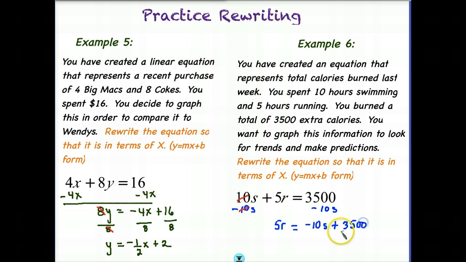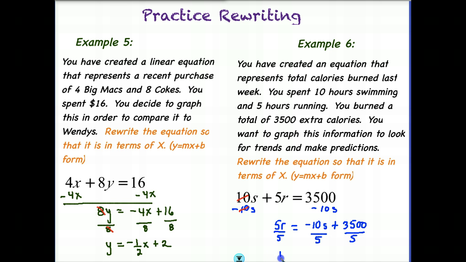Notice that the integrity of the signs is maintained. As this is a negative, it's still negative. This is a positive, and that's still positive. My final step would then be to divide both sides by 5 in order to isolate r. Remember, again, you need to divide both terms by the 5 in order to have your equation still be equivalent.